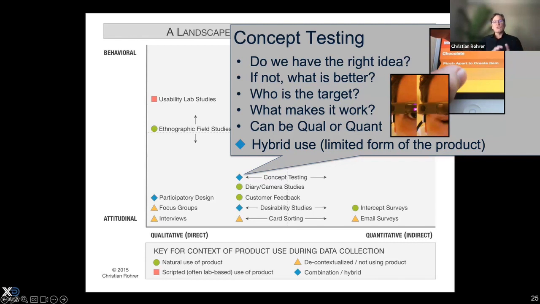We're looking at the usefulness, or does it meet your needs? Is it actually something that you want in your life? Not the specific way we've done it, but in general, this particular way of solving the problem. And so that's why it becomes a hybrid, because it's using a limited form of the product to get at that aspect of the experience, namely, is it useful?